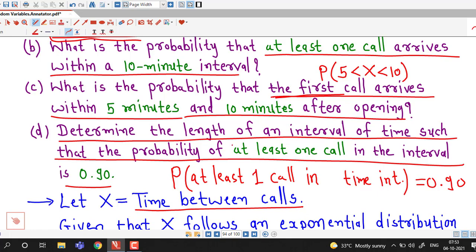We are asked to find out the length of an interval of time such that probability of at least one call in that time interval is 0.90.